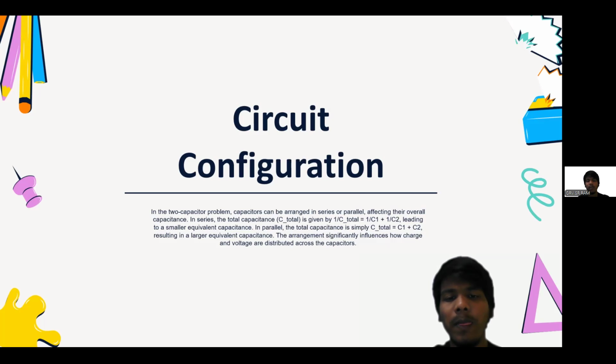In parallel, the total capacitance is simply C_total = C1 + C2, resulting in a larger equivalent capacitance. The arrangement significantly influences how charge and voltage are distributed across the capacitors.